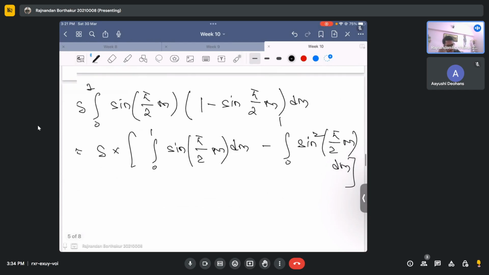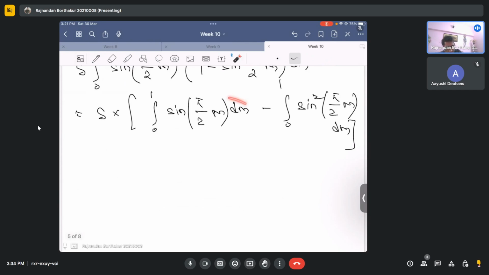That's all you can do, and then this integration will become what? There will be this cos term here, pi by 2m, and there will be this 2 by pi, which will basically come out, I think. You can evaluate this integral now, and I have done that for you. We will skip the math here.